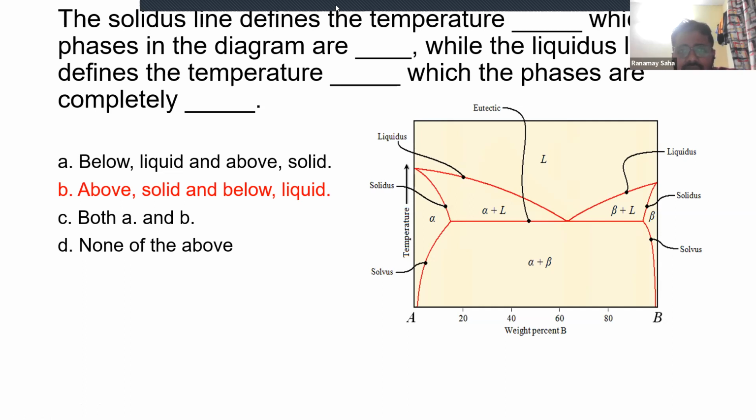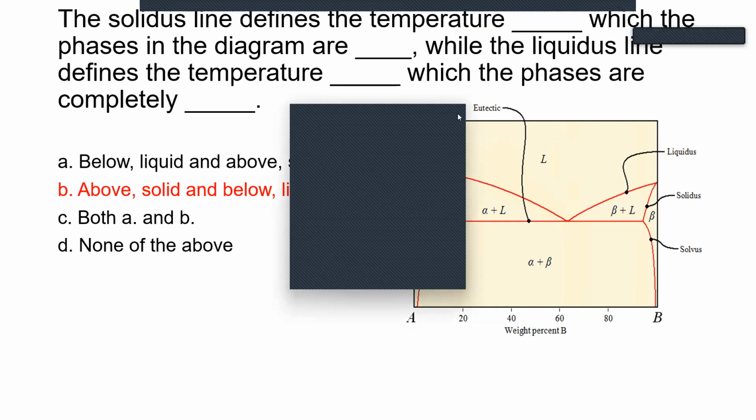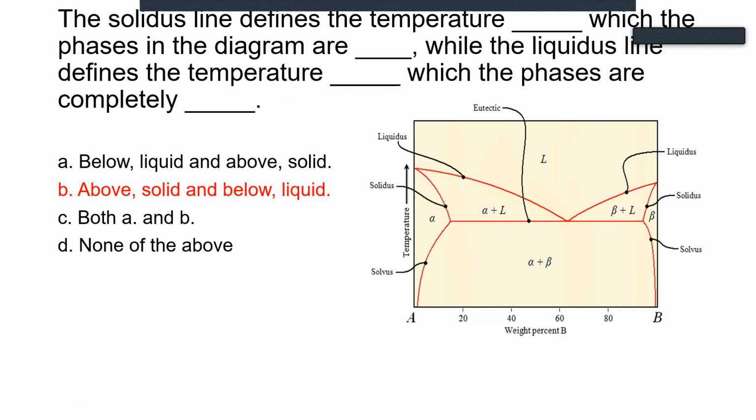What is your confusion? Sir, above the solid line, the liquid zone is there, no, sir. There is a composition of liquid and solid. Yes, but solids are there in the bottom line. That is my confusion, because the option is also not given. In the assignment also I put none of the above as the answer, but it shows wrong for me.